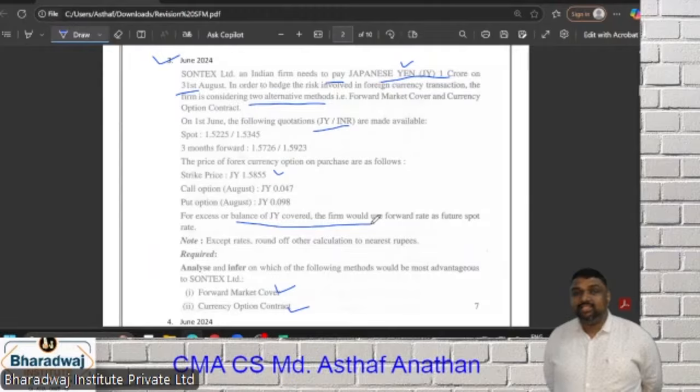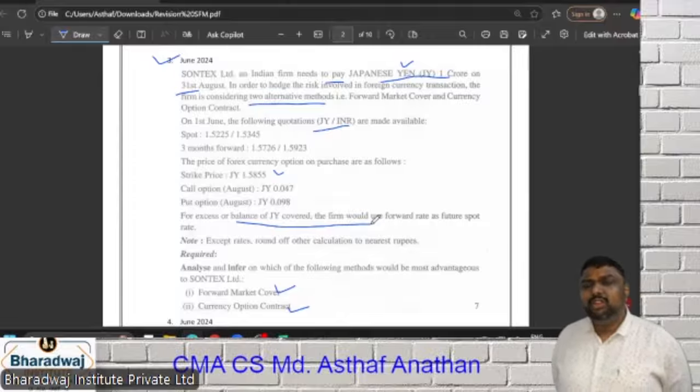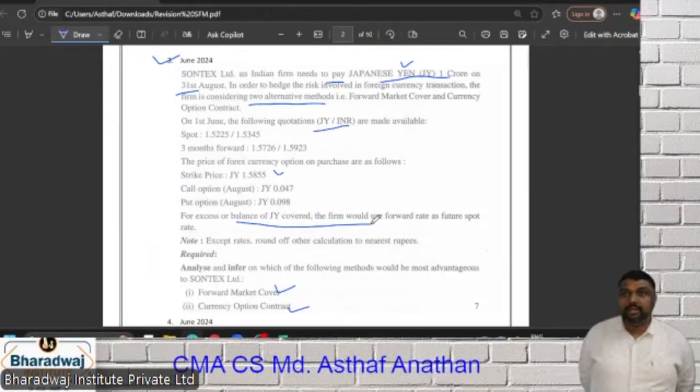So shall I start, or will I wait for you to come, start and complete? You try. It's not your ICMA study material question, it is a different model question. Majority twists are there.